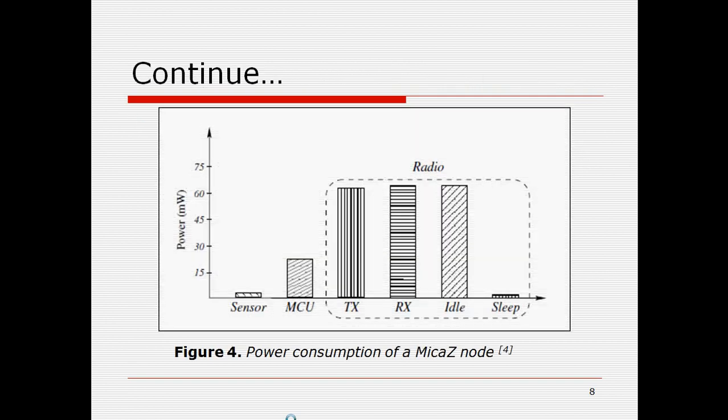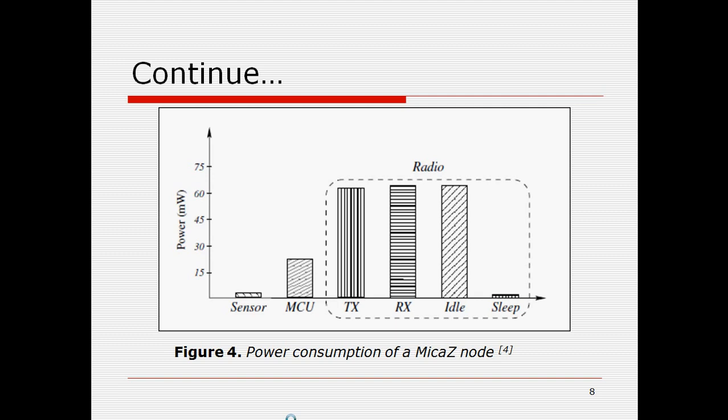This is a figure for the Mica2, MicaZ node. We can see that the energy consumption of the sensor is very small, the controller is bigger than that, and the transceiver part consumes more energy. In the figure we can see transmitter, receiver, idle and sleep.